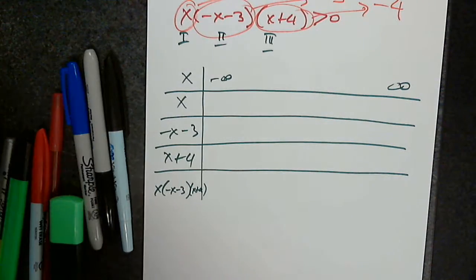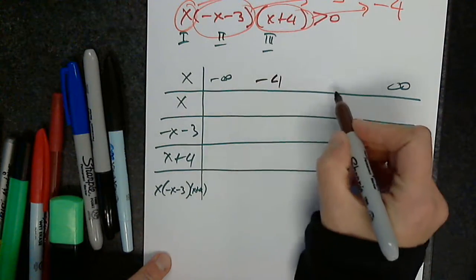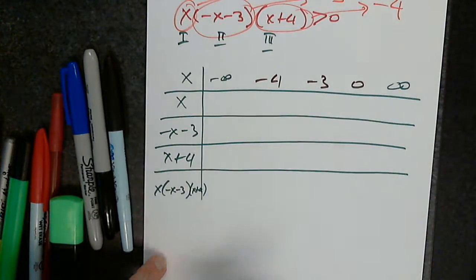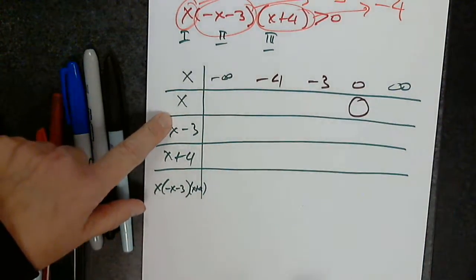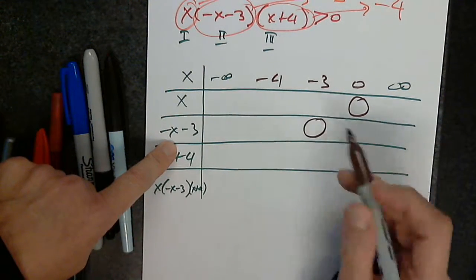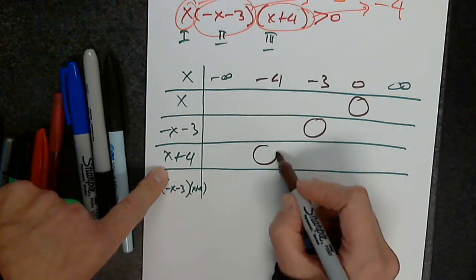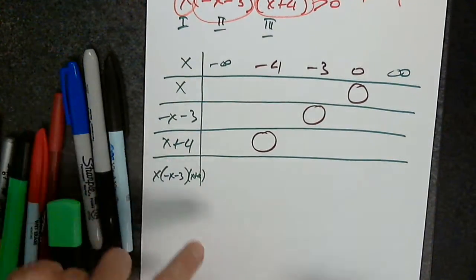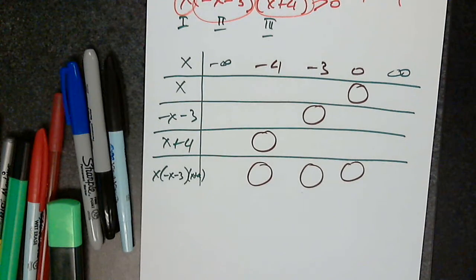So therefore, from left to right, I have negative 4, negative 3, and 0. In the row of x, I have 0 under 0. In the row for negative x minus 3, I have 0 under negative 3. In the row for x plus 4, I have 0 under negative 4. It's a product. It will always be 0 when x is 0.